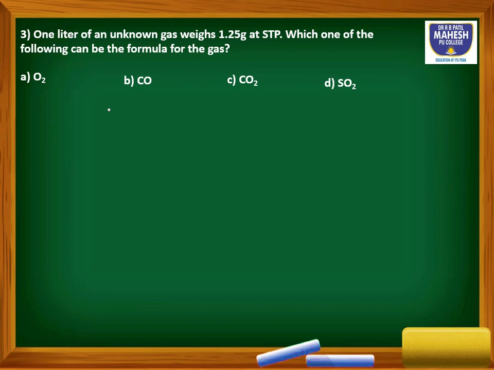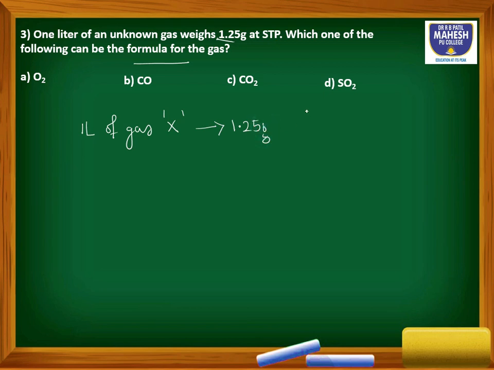The third question is, 1 liter of unknown gas weighs 1.25 grams at STP. Which one of the following can be the formula for the gas? So let us use whatever data they have given. They told that 1 liter of gas, let that unknown gas be X, weighs 1.25 grams.